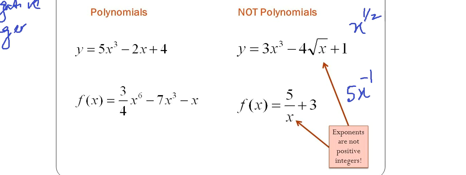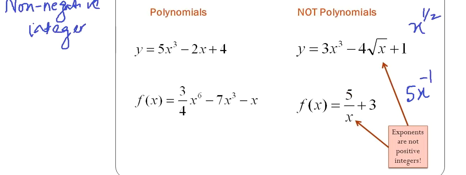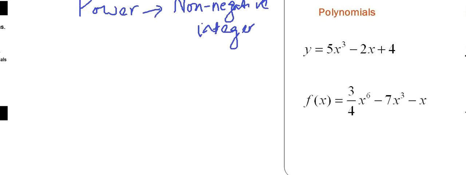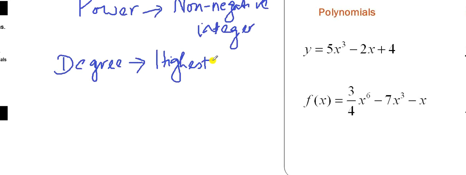Then one more important term that you need to remember for a polynomial is the degree. Now what is degree? Degree is the highest power of a polynomial. So for example, the degree of this particular polynomial is 3. The degree of this particular polynomial is 6.